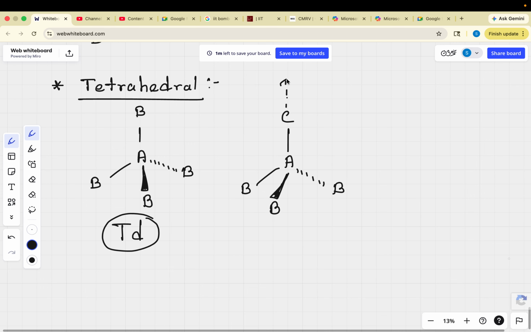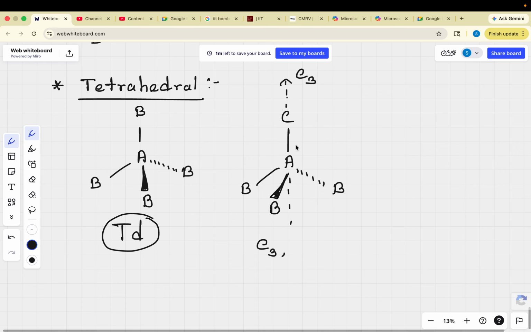So now you can think that you have a C3 axis. Sigma C2 will not be present here, because if you do a 180 degree rotation along this, that time you will get a different structure, not an equivalent structure.